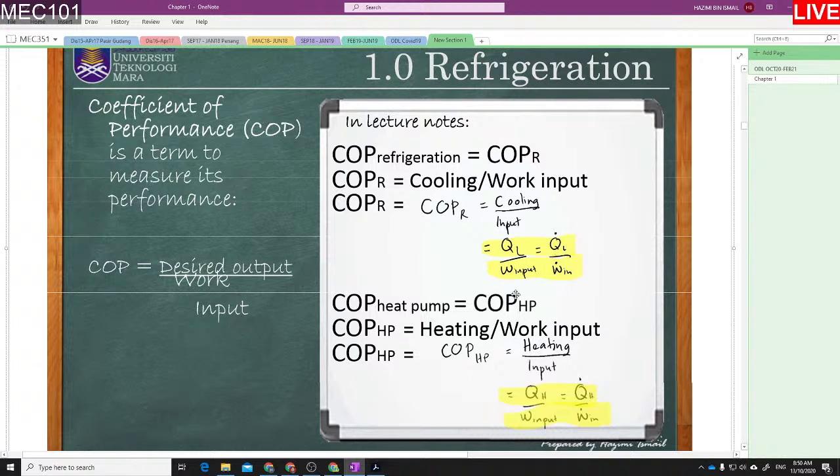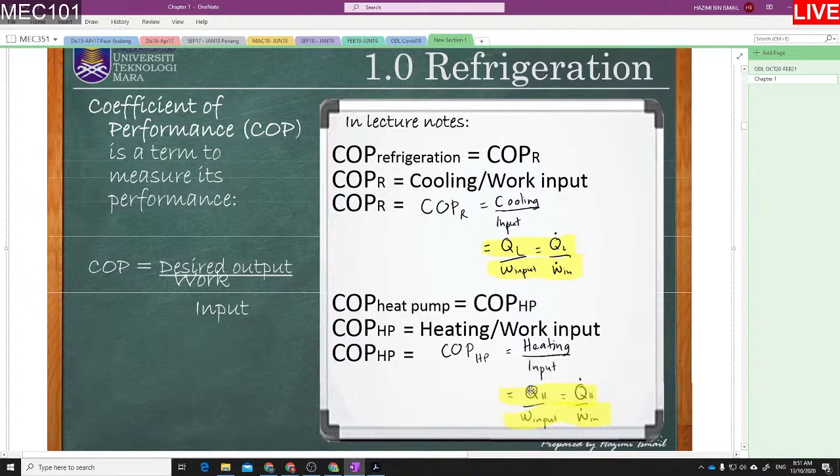Okay, but it is quite different for the heat pump, because the objective of the heat pump is to transfer heat from the high temperature region. For the COP of the heat pump, QH is the heat coming from the surrounding, which is outside of your house, into your house. So the output measured is the heat delivered to the house.